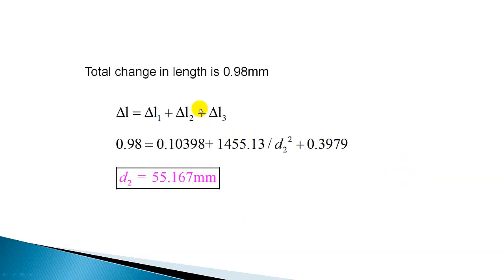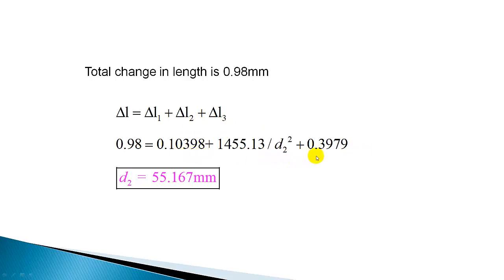So total change in length is given as 0.98 mm. That is delta L is delta L1 plus delta L2 plus delta L3. Now this total elongation is known, so 0.98 mm. We have substituted what we got for delta L1, delta L2 and delta L3.